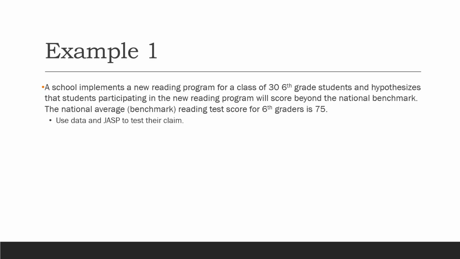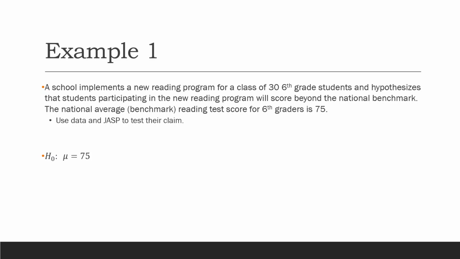We've measured them on a quantitative variable, which is the reading test score, and we have a hypothesis that we're interested in, which is that the population mean for children in that reading program is going to be greater than 75, right? So I'm going to start by writing my null and my alternative hypothesis.